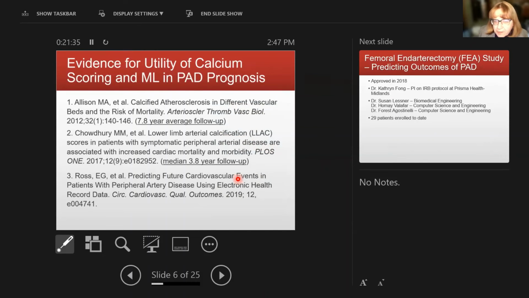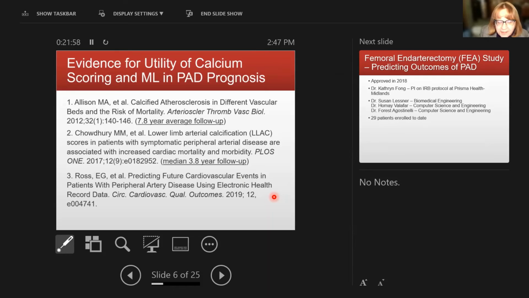So it's been known for quite a few years that coronary artery calcification is actually a very useful tool to predict outcomes in patients with coronary artery disease. So coronary artery calcification is measured using something called the Agatston score.